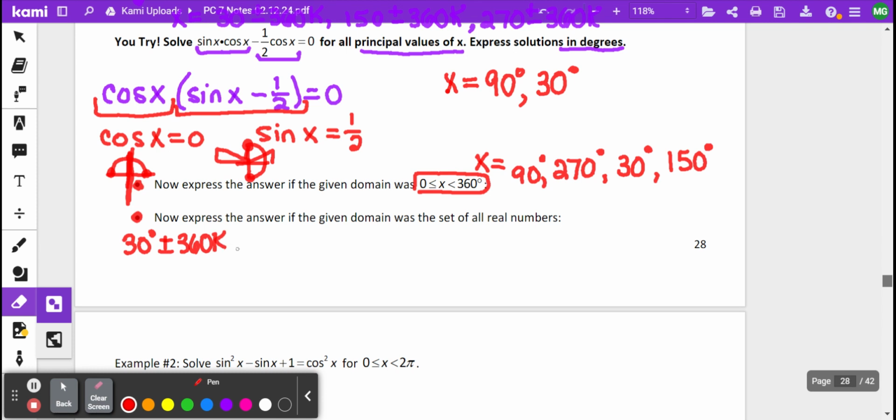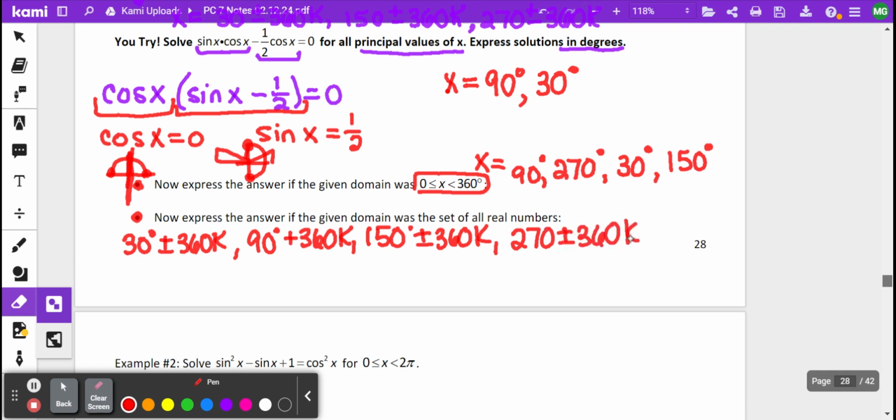I like to put them in order. So 90 degrees plus or minus 360k, 150 degrees plus or minus 360k, and of course, 270 plus or minus 360k. Okay?